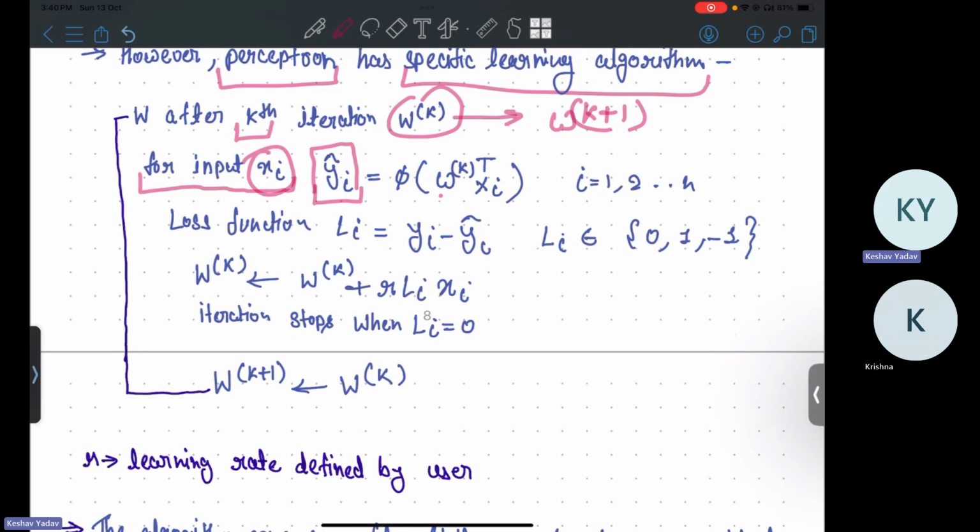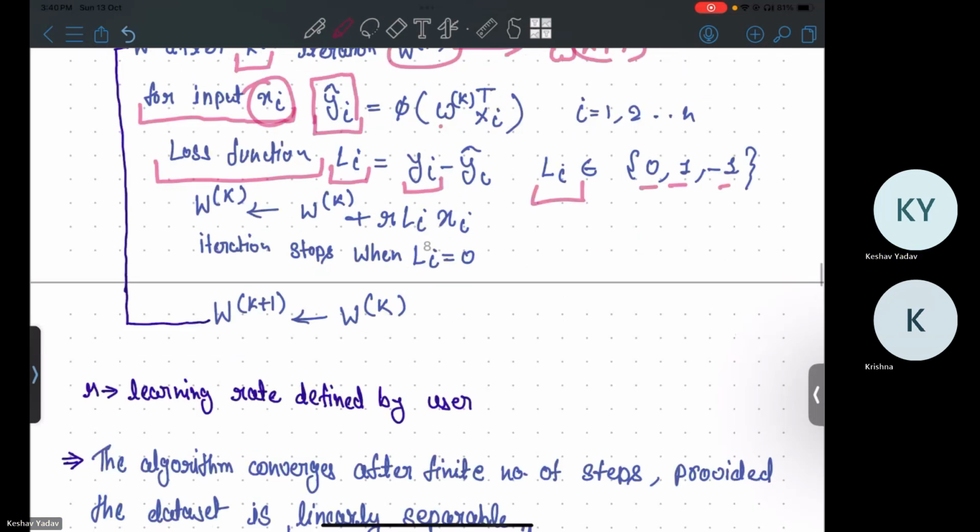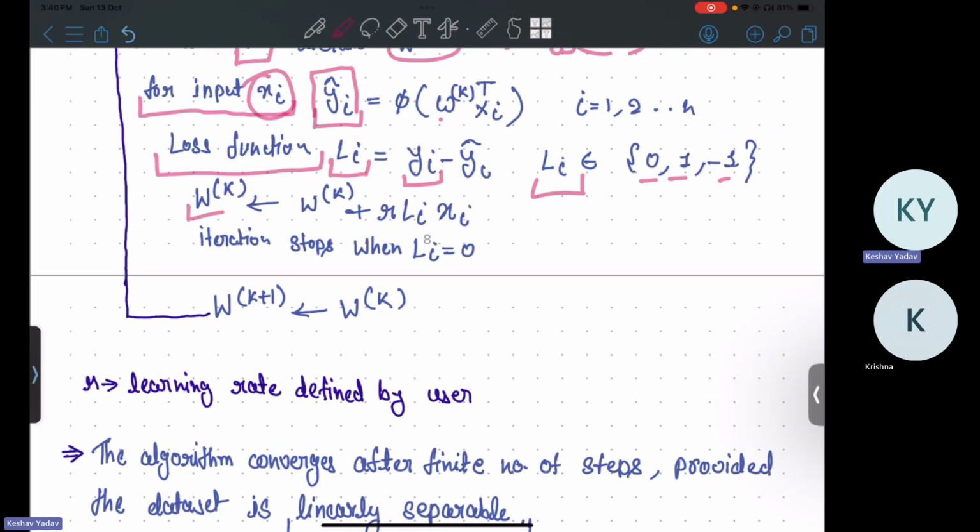Once we have found this, we find the loss function. The loss function Li is defined as yi minus yi hat. Based on this, the loss will be either 0, 1 or minus 1. After finding the loss, we find the new W: W at the kth iteration equals W at the kth iteration plus R multiplied by Li multiplied by xi. This R is nothing but the learning rate. We stop the iteration when Li equals 0, and after that we assign W at the (k+1)th iteration equal to Wk.